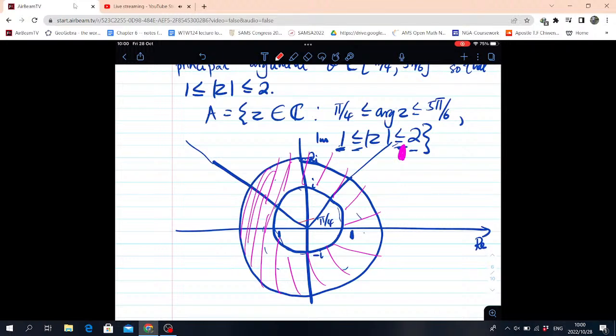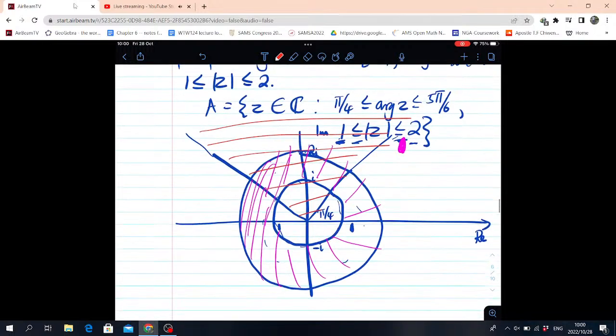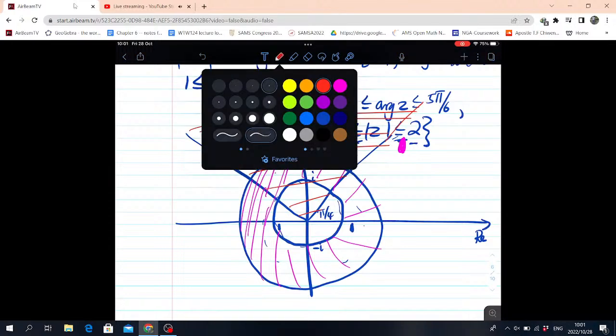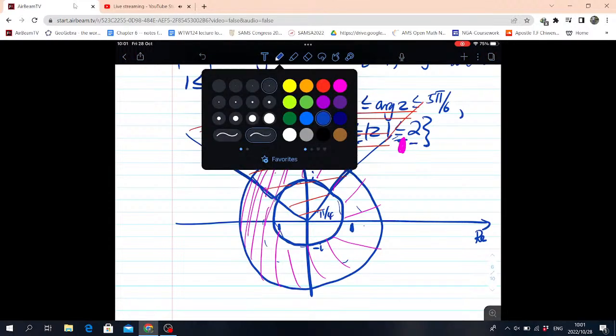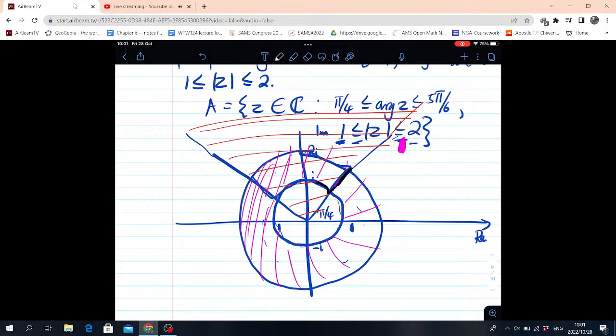Then we are talking about all the complex numbers in this whole region there, right? We are going in that direction. And as usual, because we want a region that satisfies both, we are going to take where they intersect, and you can see that the way they intersect is from here going there, and let me use black, from here going there. So anything in between these is going to be the region that we want.